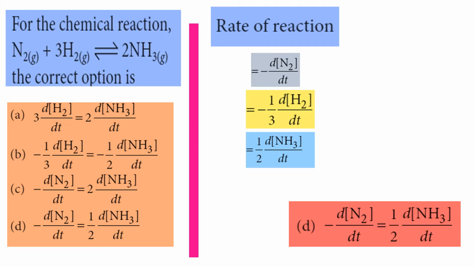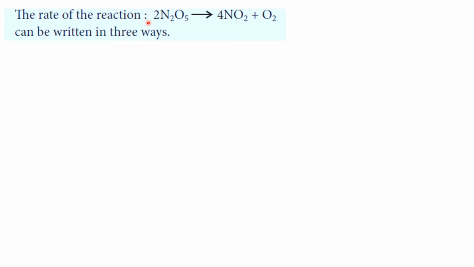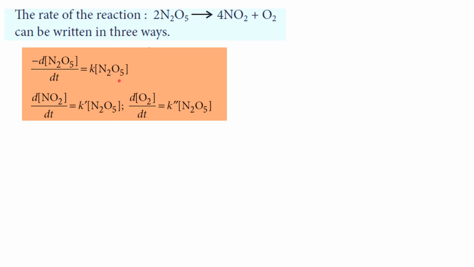One equation: 2N2O5 reactants gives 4NO2 plus O2. NO2 and O2 are products. Again, see here, minus of the change in concentration of N2O5 with respect to time is given as K into N2O5 concentration.